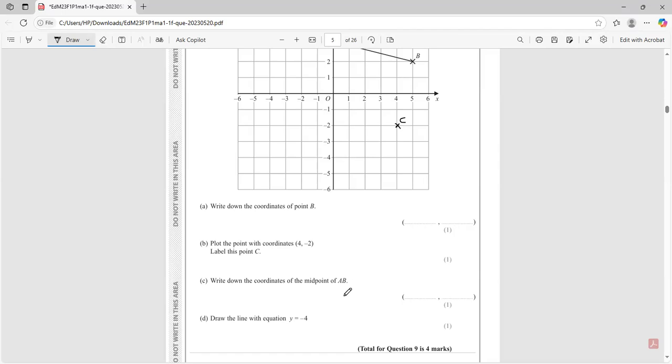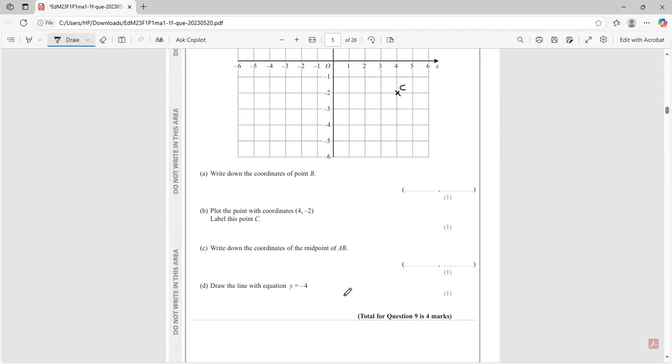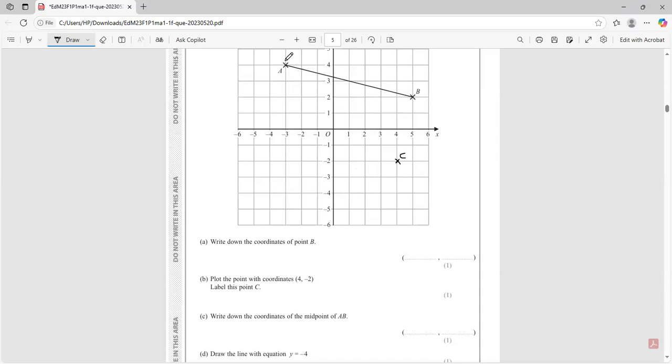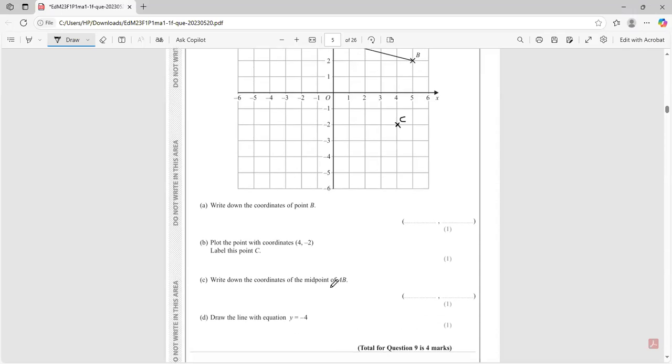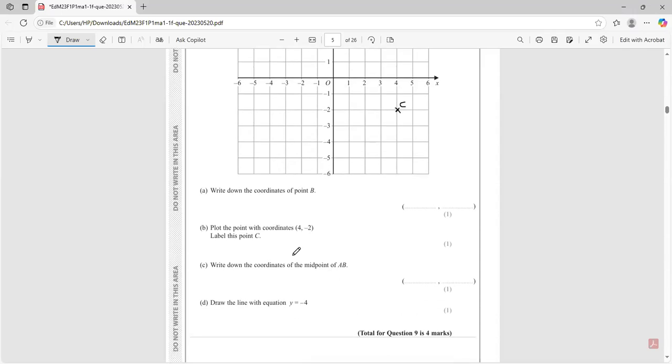All right, so there's a formula for this. Let me see if I remember that formula. When you want to find the coordinates of the midpoint of a line, all you need to do is find the coordinates of the ends of that line. The first point is -3, 4. So let me get the formula out.